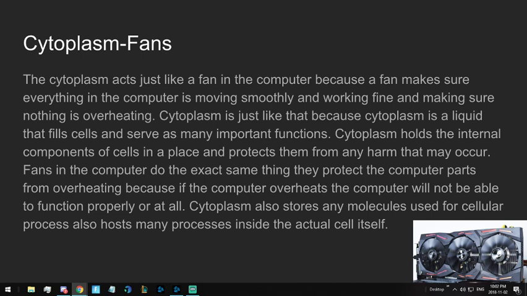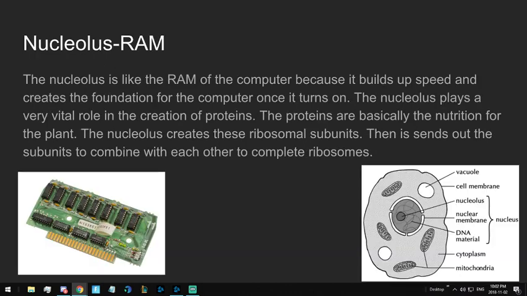Fans on the computer do the exact same thing. They protect the computer parts from overheating, because if the computer overheats, the computer will not be able to function properly or even at all. Cytoplasm also does store any molecules used for cellular processes, and also hosts many processes inside the actual cell itself.